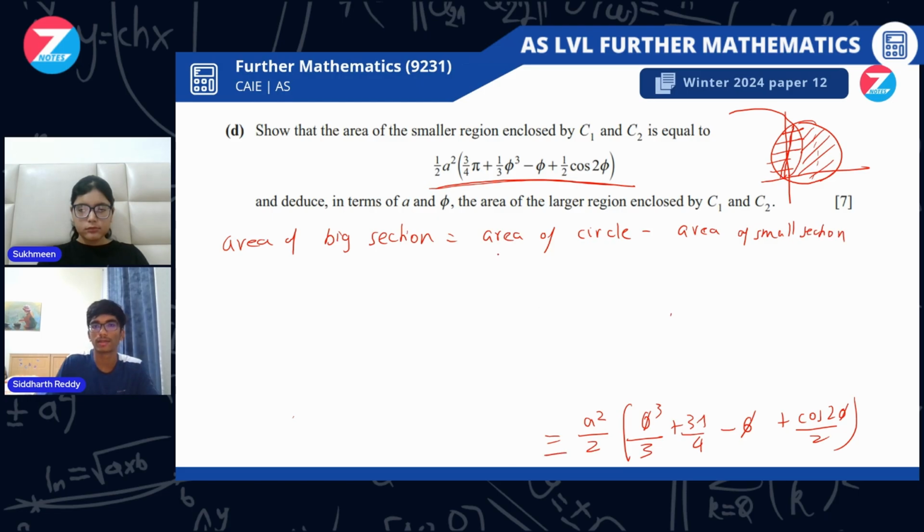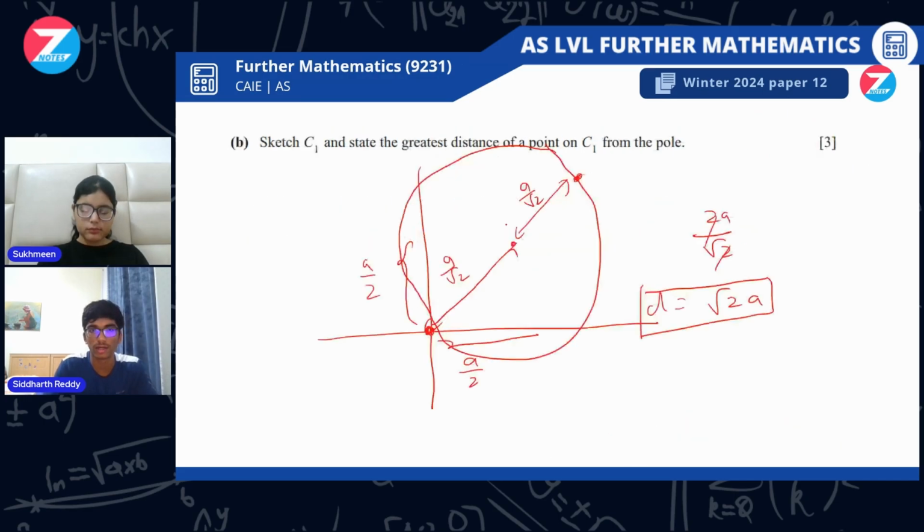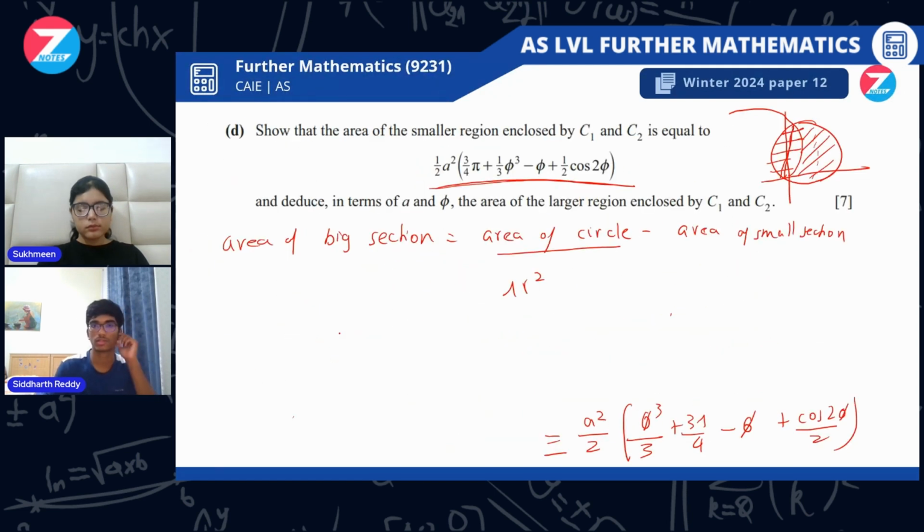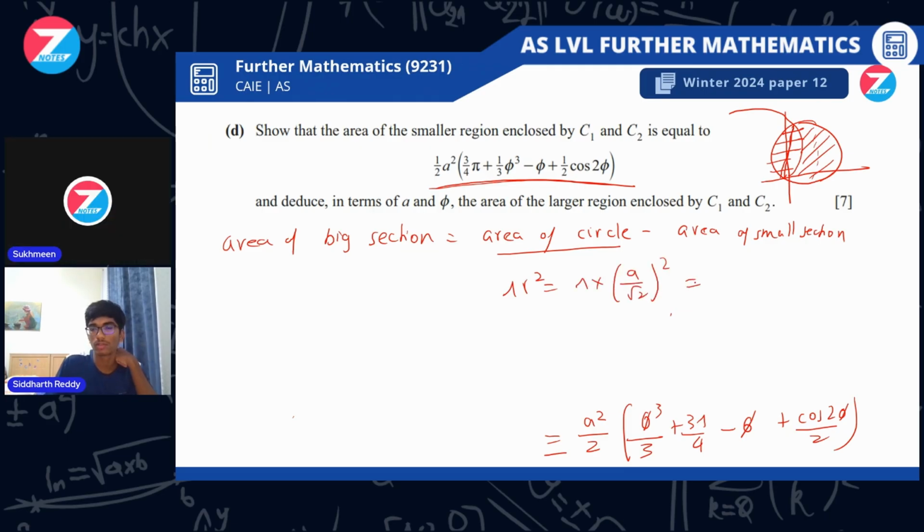And we know the radius of the circle, the area will just be pi r square, and we know that r is equal to a by root 2. So that's pi into a by root 2 square, so that's pi a square by 2. So the area of the big section will be pi a square by 2 minus this one.